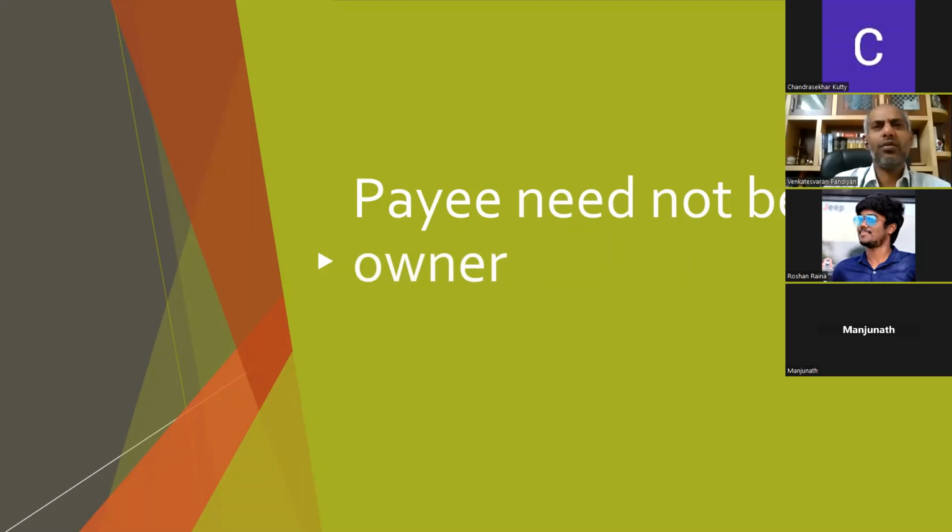Which means the business could be paying rent to a person who has taken it on rent and subleased it to you, or, for that matter, by whatever means he could be holding that asset, be in possession of that, and rented it to you, and you will be paying. So it does not matter whether the recipient of the rent is the owner of the asset or not, TDS becomes payable. TDS becomes deductible.